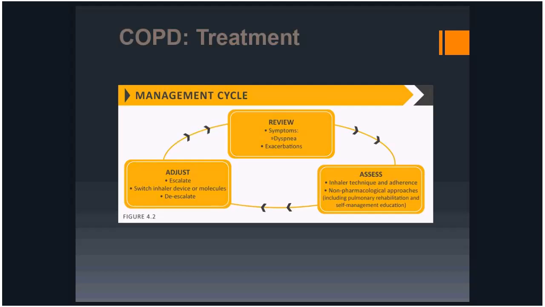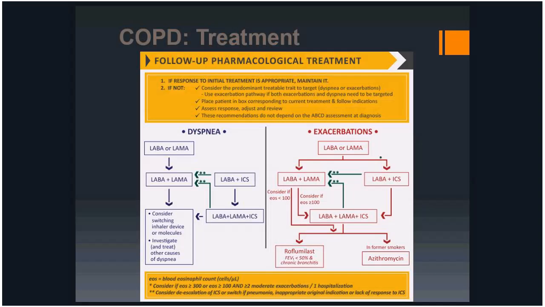And so you're going to be assessing their inhaler technique and adherence, all types of non-pharmacological approaches, particularly pulmonary rehab. This is something that we tend to overlook a lot in primary care, as well as self-management education. At all times, we want to adjust, if that means escalating therapy, switching medications, or even de-escalating therapy.